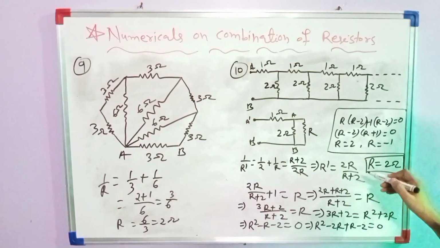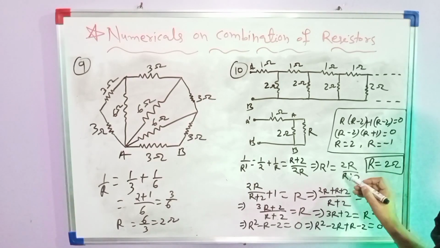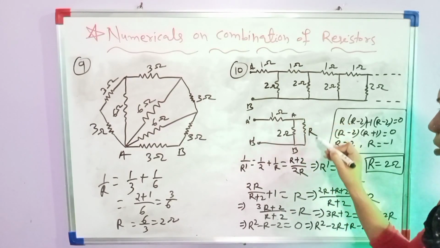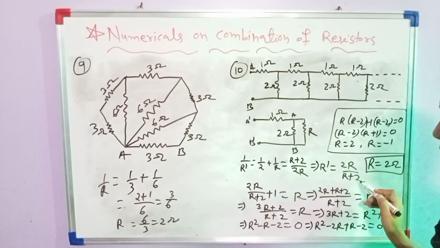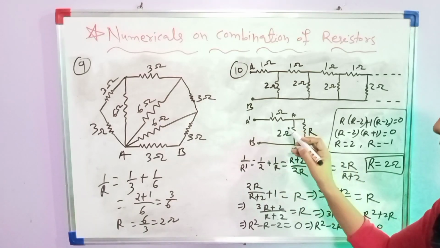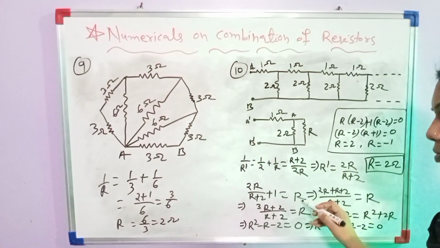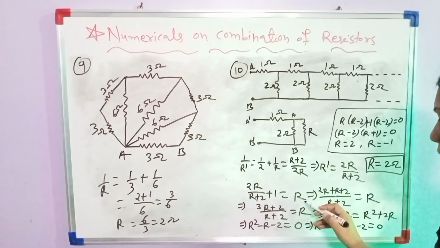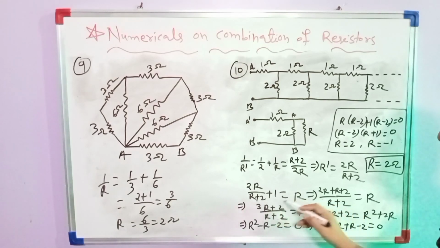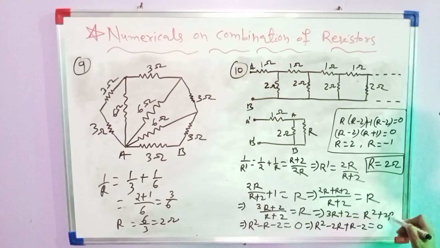Now the equivalent of 2R upon R plus 2, that is R dash, and 1 ohm in series is equal to R. So 2R upon R plus 2 plus 1 equals R, which implies, taking LCM, 2R plus R plus 2 upon R plus 2 equals R, that is 3R plus 2 upon R plus 2 equals R, which implies 3R plus 2 equals R square plus 2R.